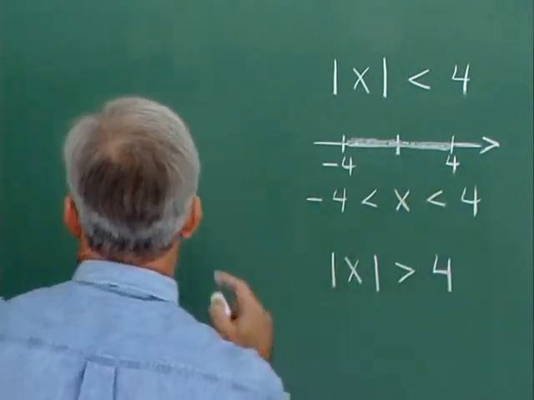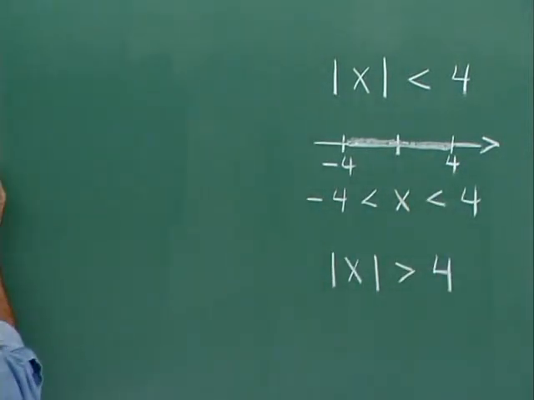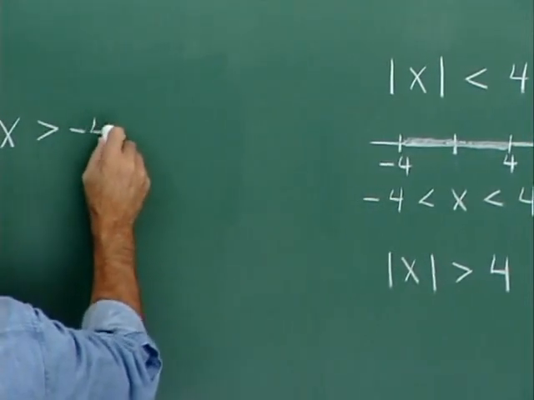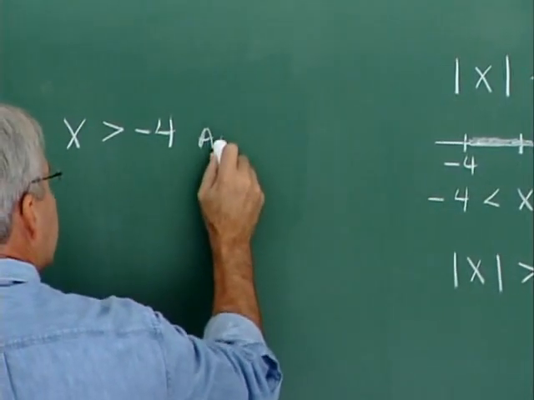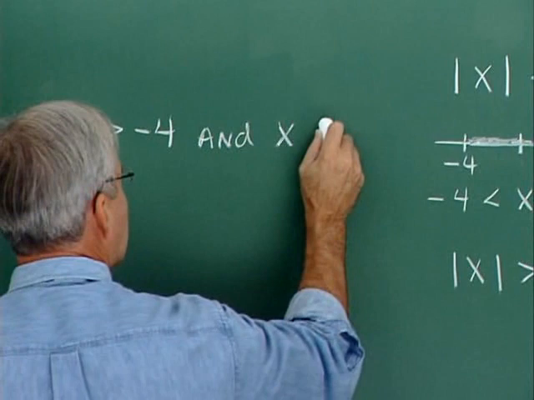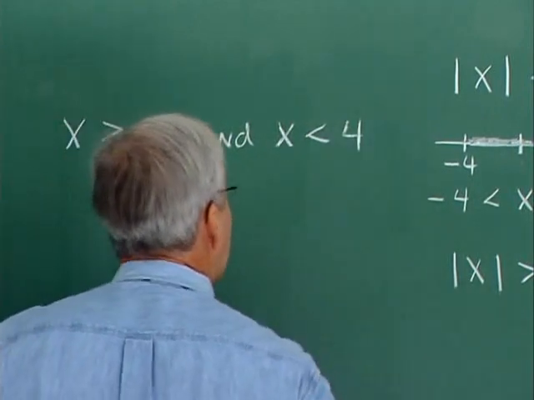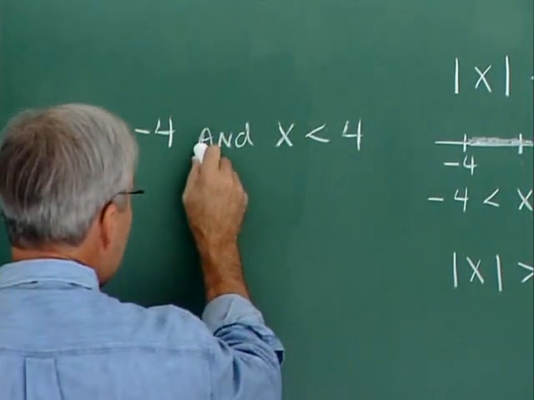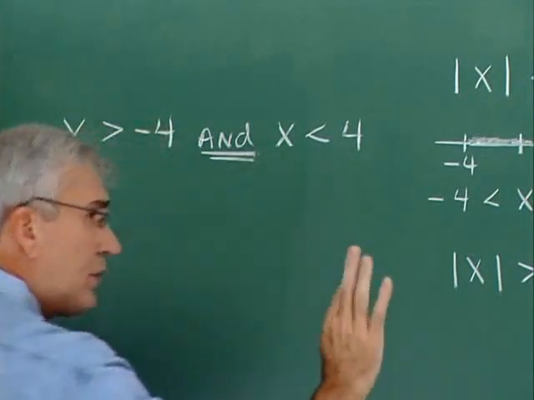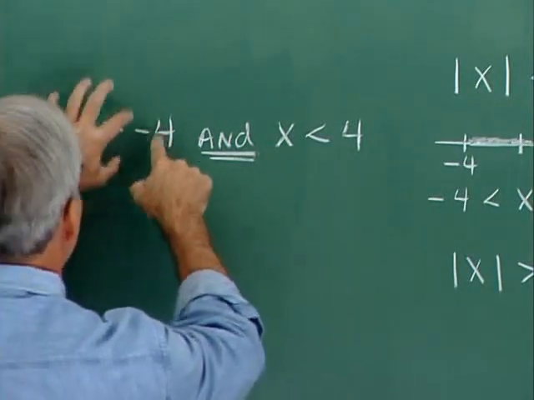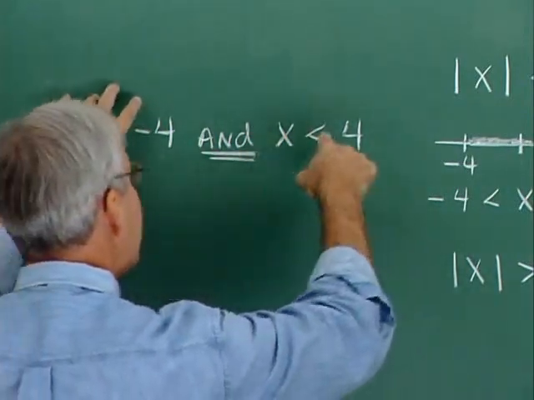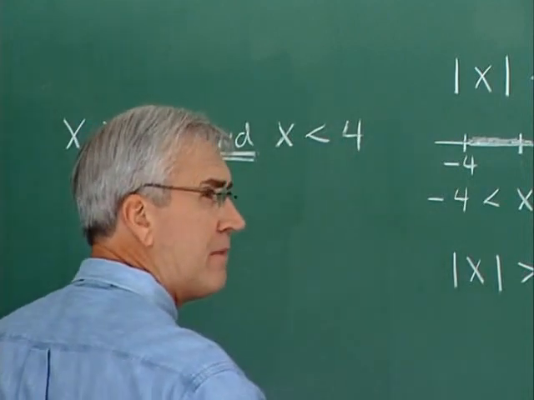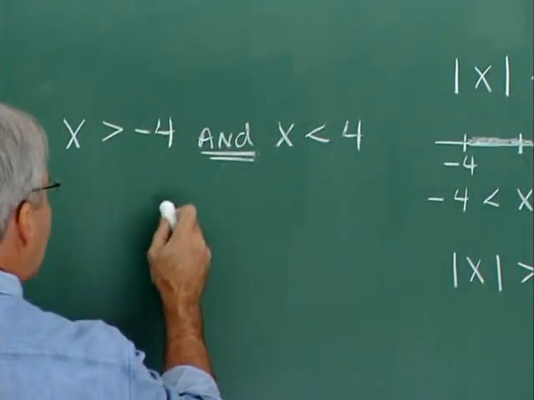Now, let me slide over just a little further. x is greater than negative 4, and x is less than 4. Now, the word "and" is in here because we're talking about x values that are in this interval and in that interval at the same time. It's important for us to know why that's the case.